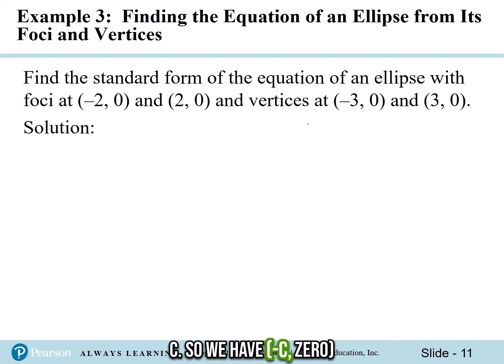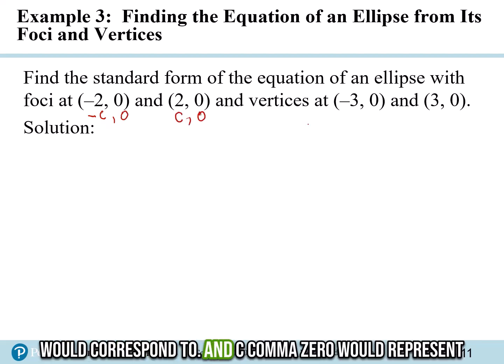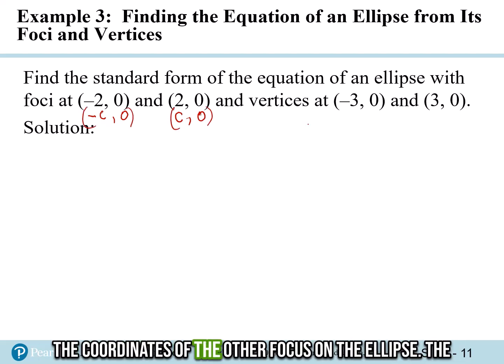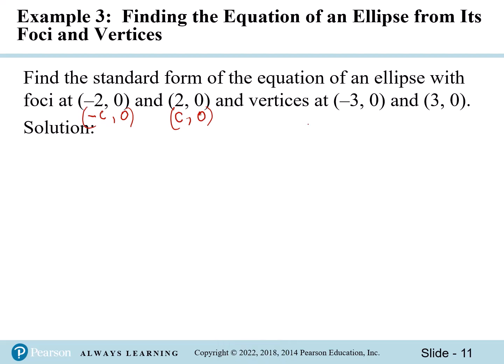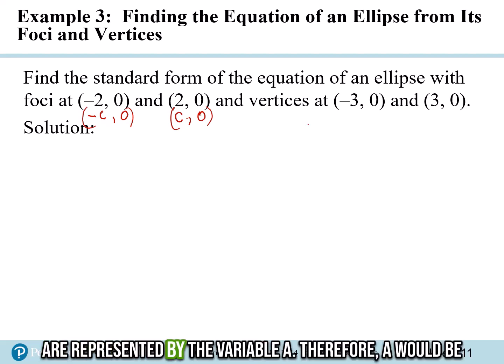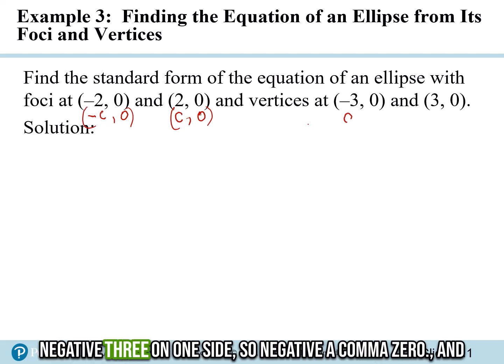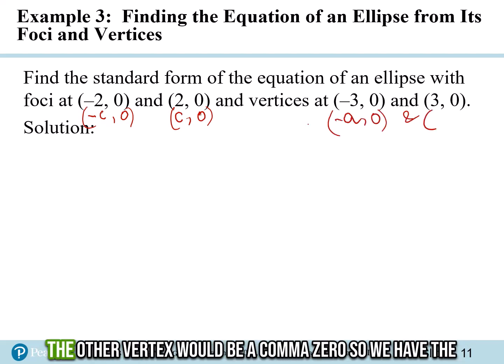So we have -c, 0, which -2, 0 would correspond to, and c, 0 would represent the coordinates of the other focus on the ellipse. The vertices are represented by the variable a. Therefore, a would be -3 on one side, so -a, 0, and the other vertex would be a, 0.